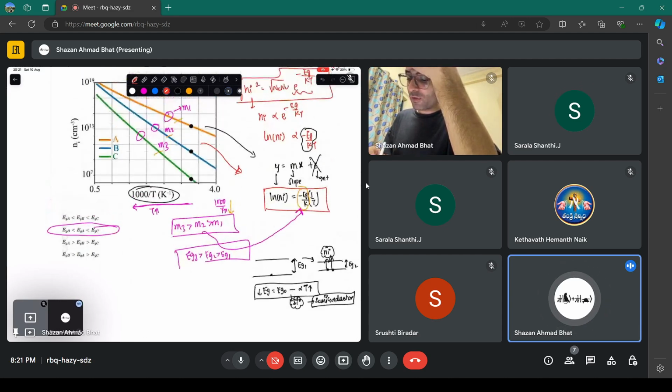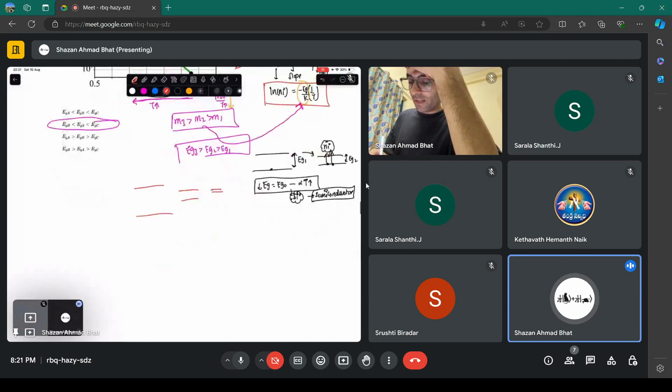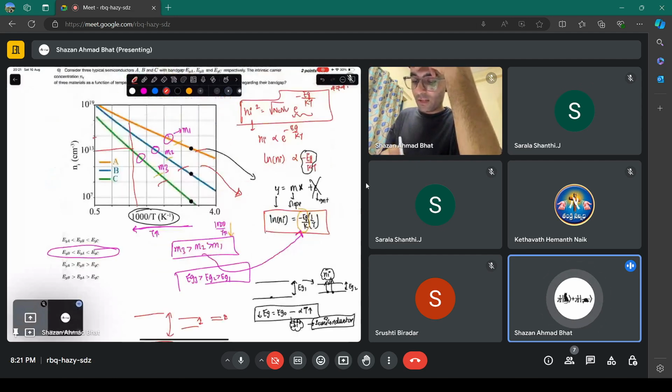This one has more slope than this, so you can simply tell that this one has less Eg. That means if this is the scenario, then energy gaps are different. Then you will see at this particular point, these have different Ni concentrations at the same temperature. That's what your argument is.